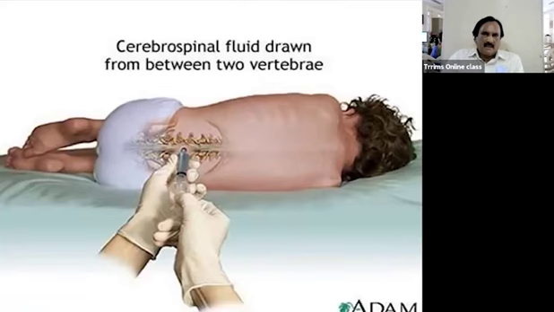So normally, the cerebrospinal fluid is taken out from L2 and L3. The patient is asked to be in a lateral position and then in the curling position, and then you give local anesthesia to the back of the individual in the lower portion, in the lumbosacral area.